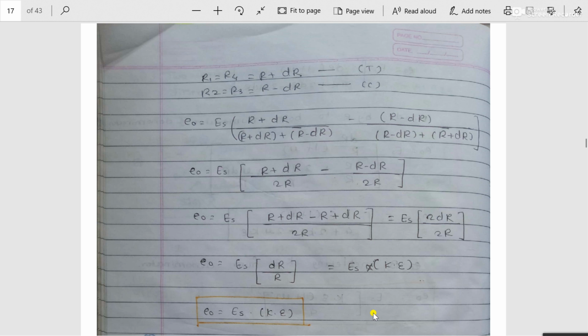Means in the four-arm sensitive bridge circuit, two linear strain gauges and two lateral strain gauges are there. If such linear and lateral strain gauges are introduced in any application or in any Wheatstone bridge circuit, how the output of that bridge circuit will change, we have to study in the next part of this chapter.